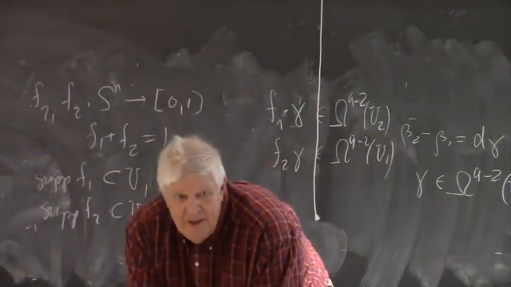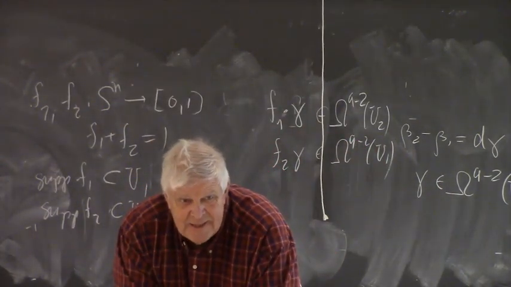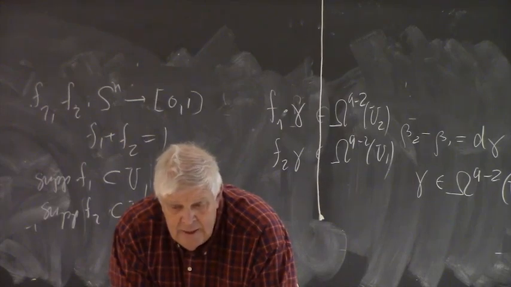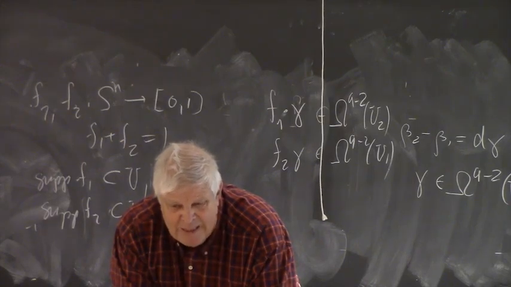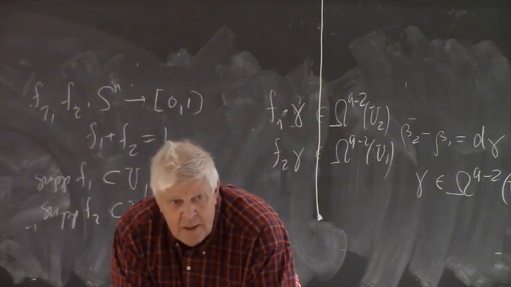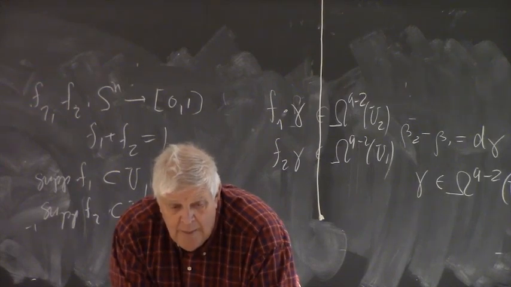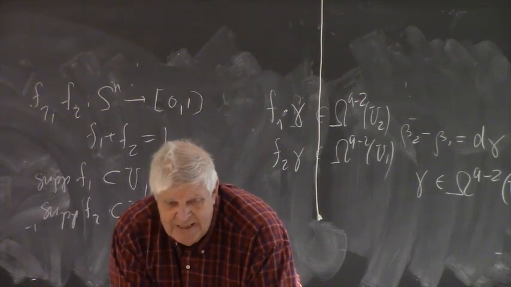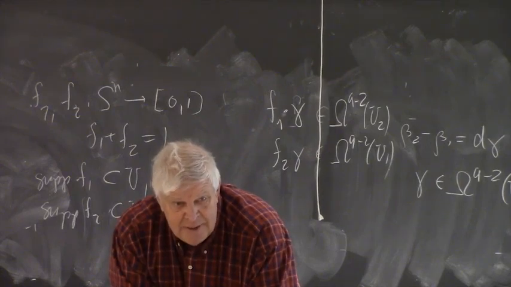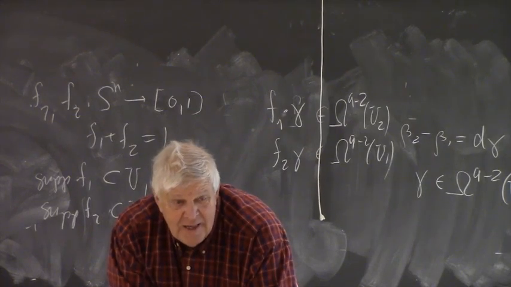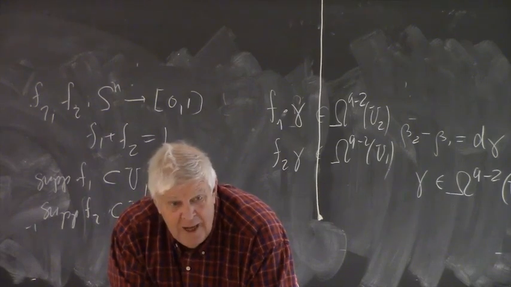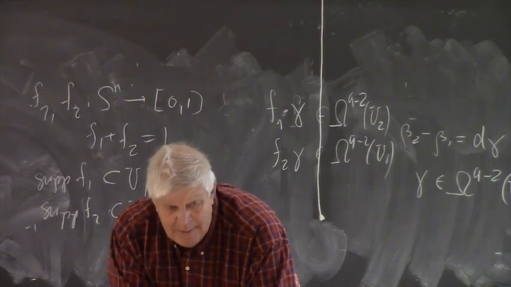Now my last action. I want to change my choice of beta 1 and beta 2. How can I do it? Beta 1 and beta 2, we know only one thing about them. Their differentials are alpha within U1 and U2. So if you replace the form beta 1, for example, by some other form, and the differential stays the same, then it's allowed.